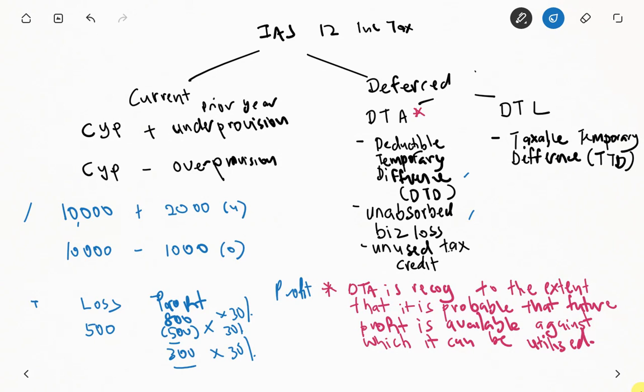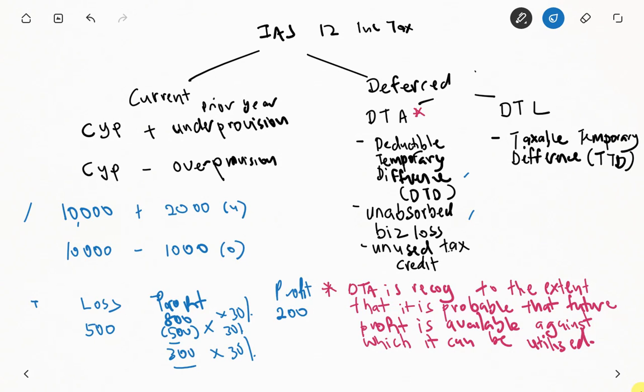So next year I foresee my profit to be only 300. Or can I use another figure, 200? Otherwise it will be the same as this. I only foresee myself making 200. After which, the following year, I may start to make losses again. So next year, will I be able to utilize this 200?